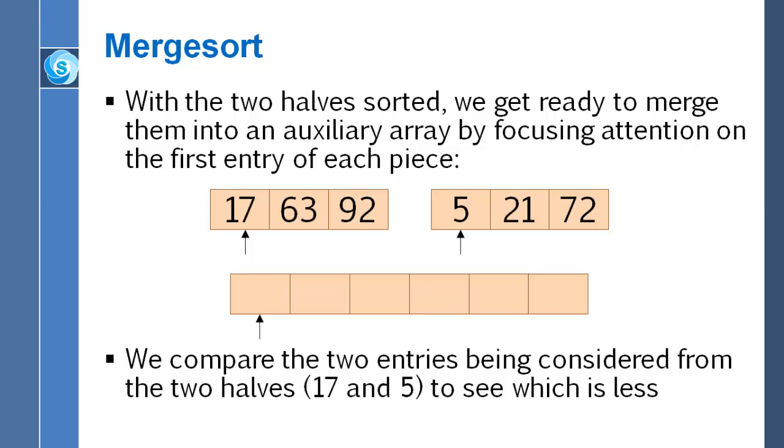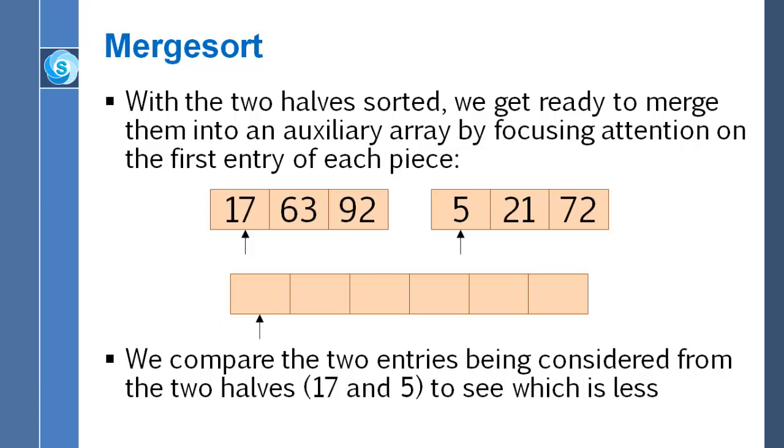Then we start off by taking the 2 entries that are being pointed to in the original array's halves. Let's refer to these numbers as the entries being considered. In the left half, we're currently considering the number 17.